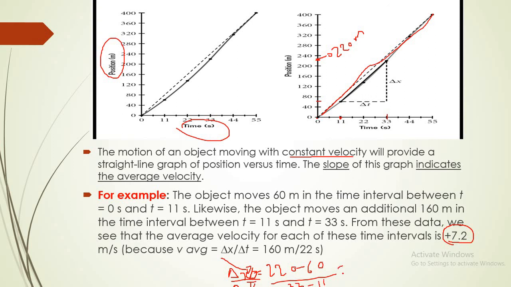So the answer is 160 divided by 22, and the average velocity is positive 7.2.